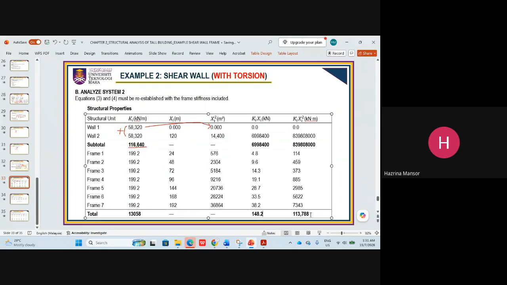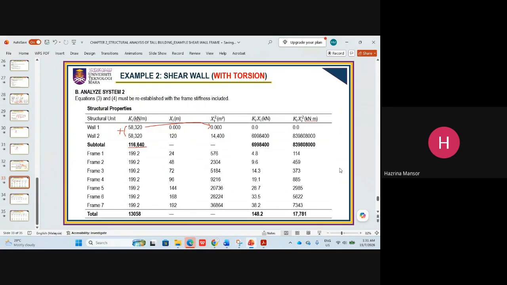And here you will sum up 114 plus 459 plus 373 plus 885 plus 2985 plus 5622 plus 7343. So here would be 17781.